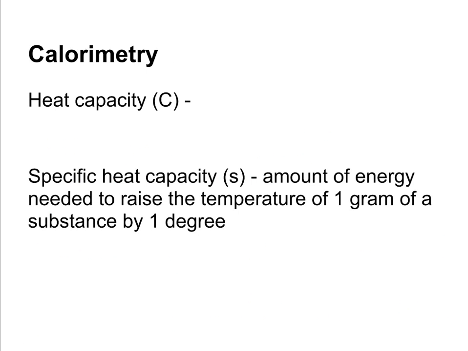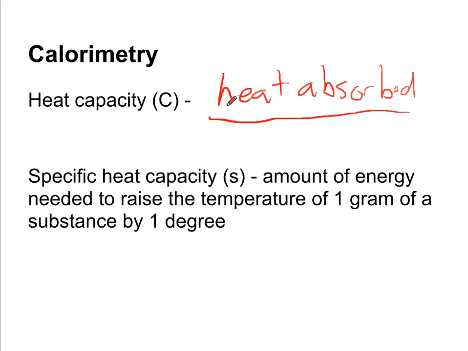Another thing we need to talk about this unit is calorimetry. Before we get into the details of calorimetry, we need to define a couple of terms. The first one is heat capacity, and that's just abbreviated with capital C. Heat capacity is calculated as heat absorbed divided by the increase in temperature.